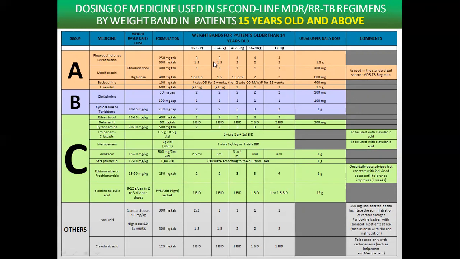Okay. So, ito siya ay ang dosing of medicine na gagamitin natin for children 15 years old and above. So, ito meaning for adults. Makikita natin dito nakalist yung type of medicine, yung weight-based daily dose.